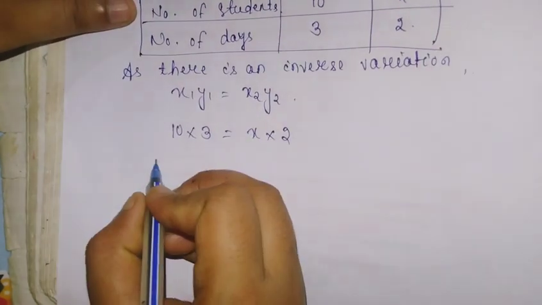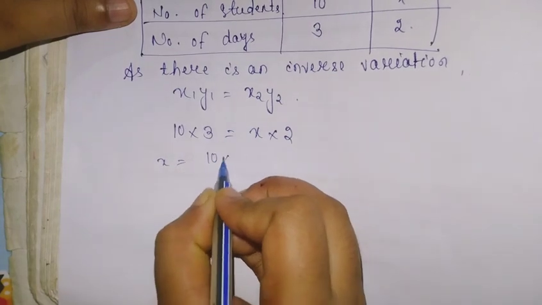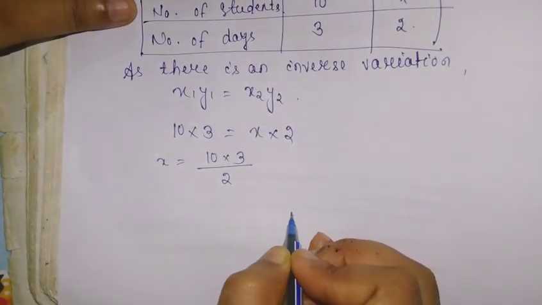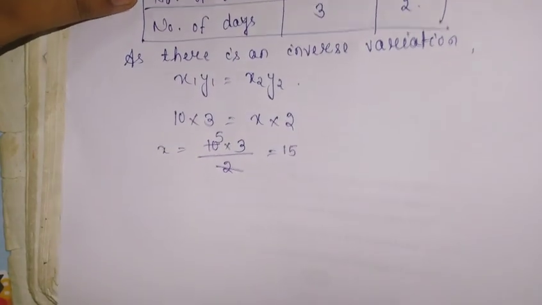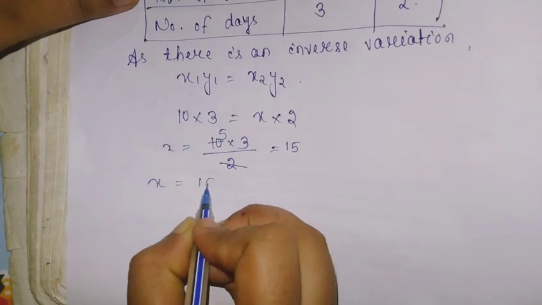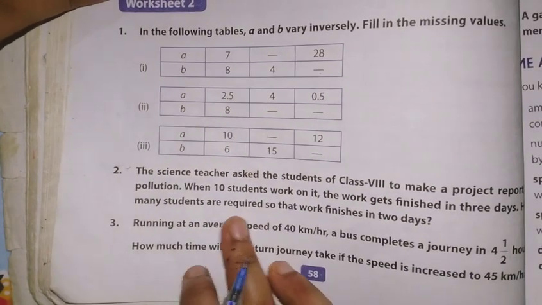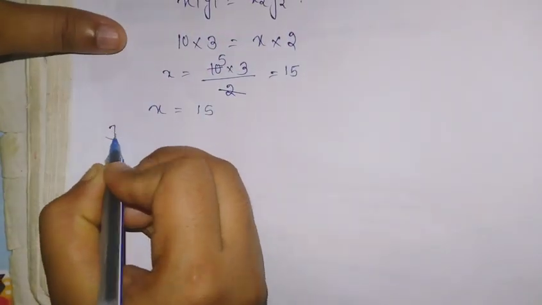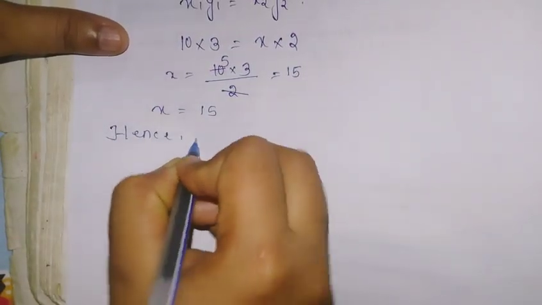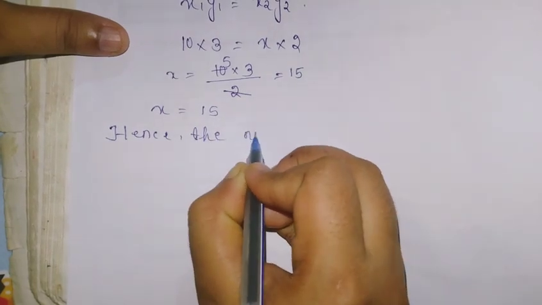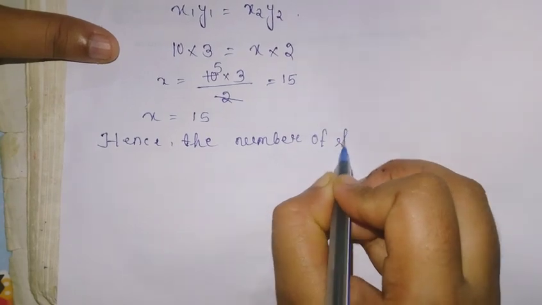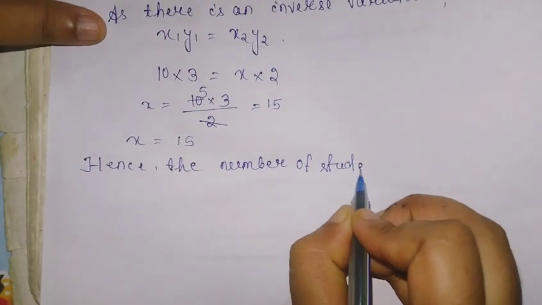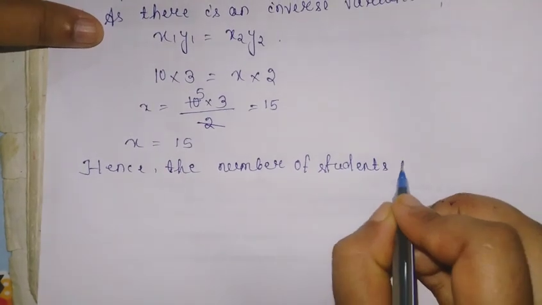Then x equals 10 into 3 divided by 2. Then we divide 10 by 2. 2 fives are 10, 5 threes are 15. X equals 15. Hence, the number of students required is 15.